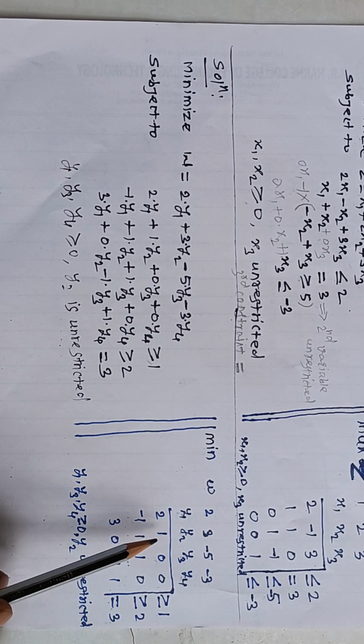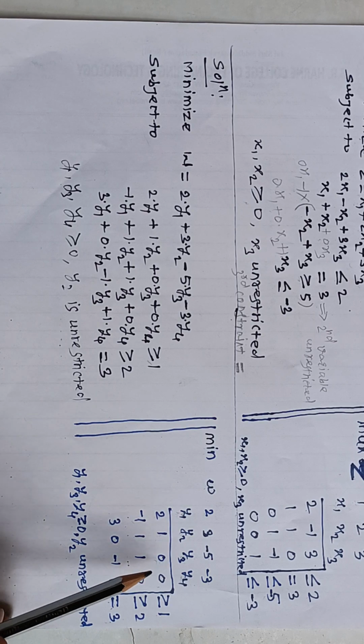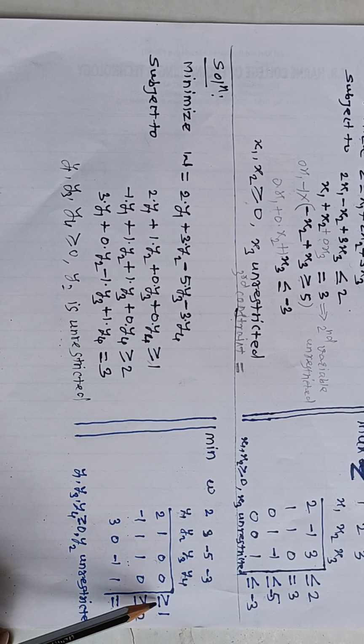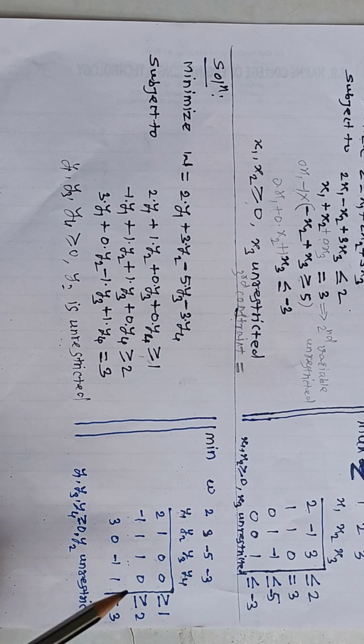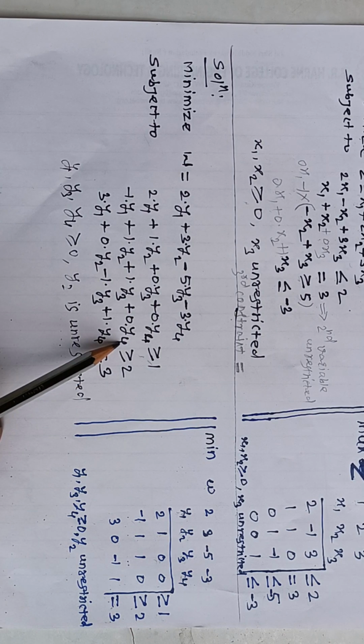2y1, first constraint: 2y1 plus 1y2 plus 0y3 plus 0y4 greater than or equal to 1. Second constraint: minus 1y1 plus 1y2 plus 1y3 plus 0y4 greater than or equal to 2. This is the dual.